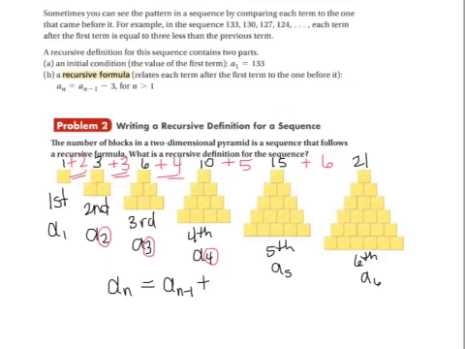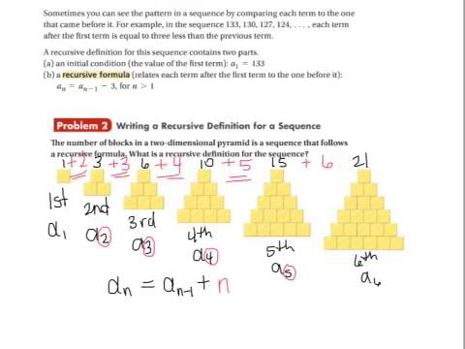So if I'm at my fourth term, I'm at 10 here, and I want to get to my fifth term, I have to add 5 because I'm trying to get to my fifth term. So I have to add the term I'm trying to get to, which is n.